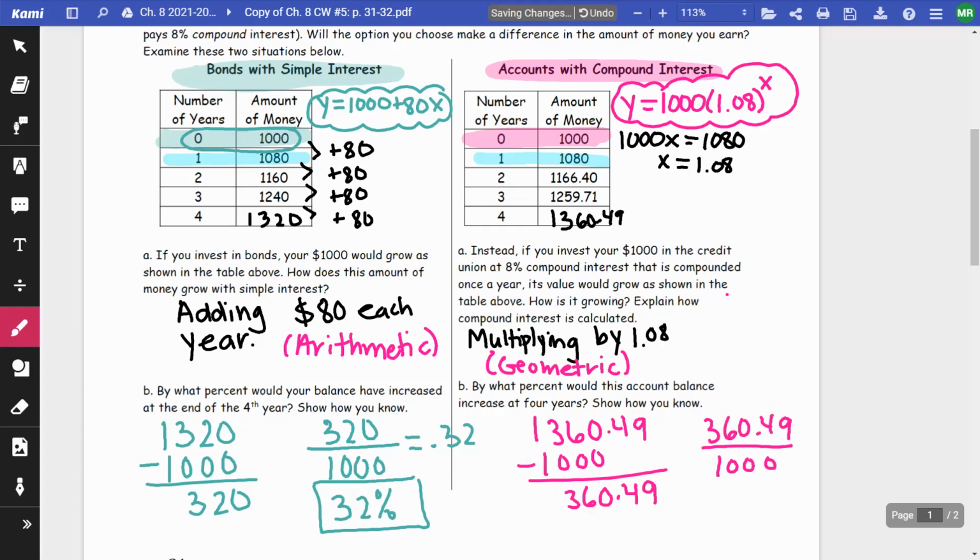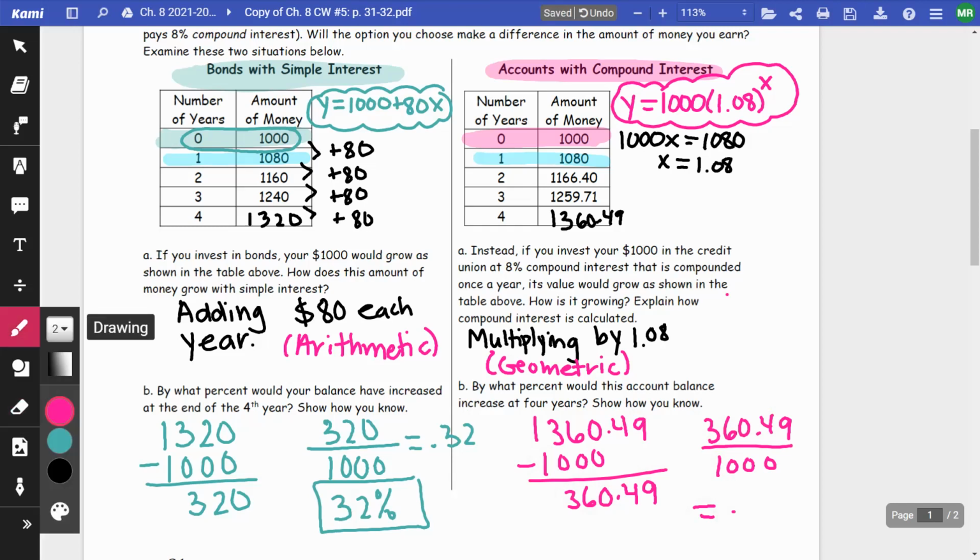When I put that into my calculator, I end up getting 0.36049. So that's going to be about 36.05%. So you see that we are getting more interest with the compound interest, even though both of them are 8%.